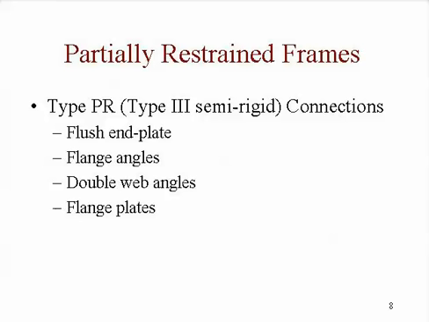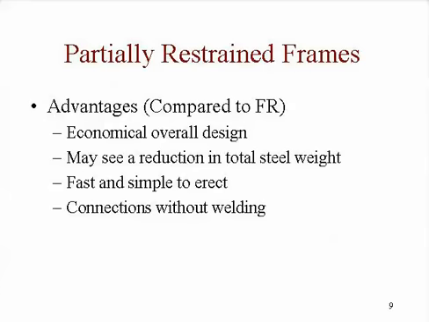Are there any advantages to using these kinds of connections? These are potentially advantages. They may be overall more economical. They may reduce the total weight of steel in your structure. They may be simpler to fabricate and to erect when compared to fully restrained. And you might even be able to get moment capacity without having any kind of a welding component to that connection. So those might be some advantages.